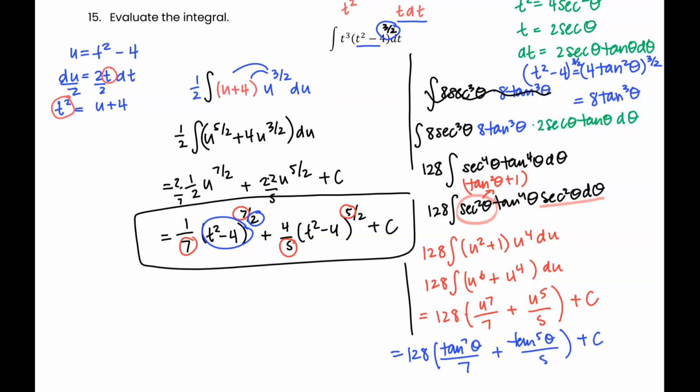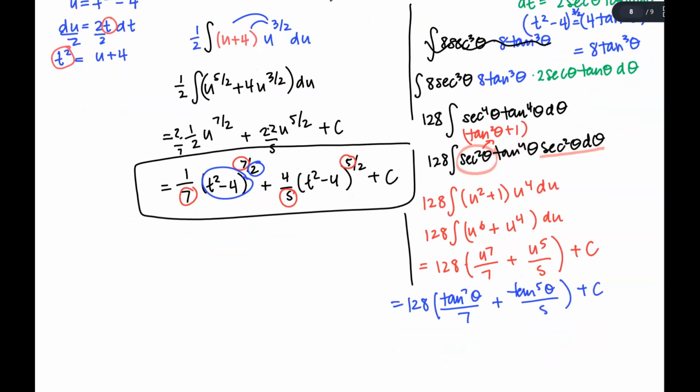And then there's going to be a whole lot of canceling because we already know from our secant that our hypotenuse over our adjacent is going to be that 2. So we're going to have a 7th power of 2, and that's going to cancel with the 128. It is going to end up the exact same place.